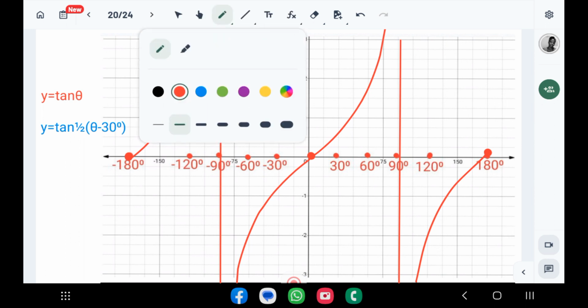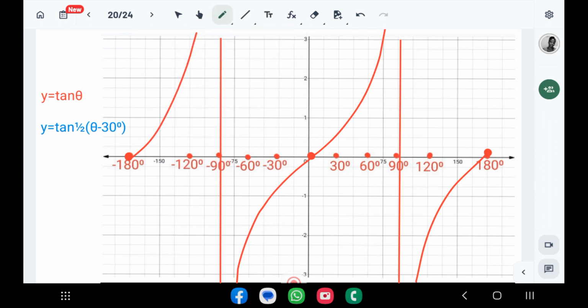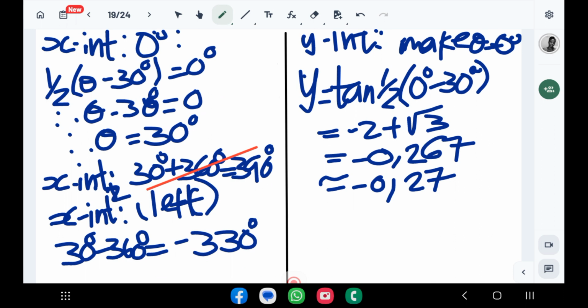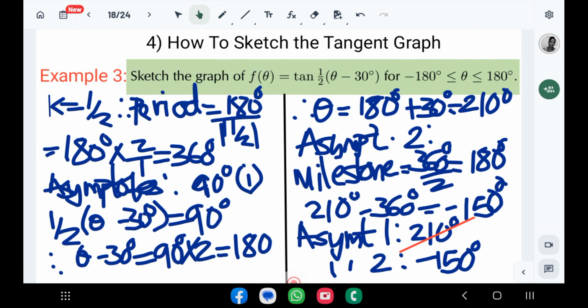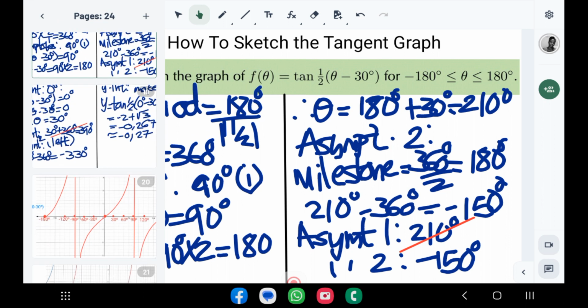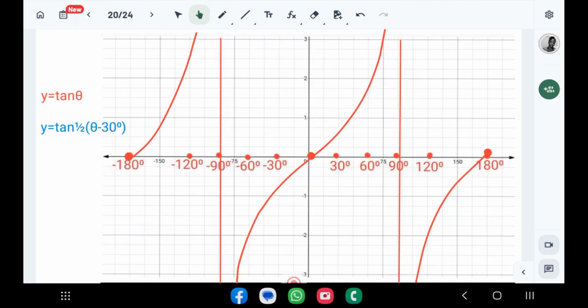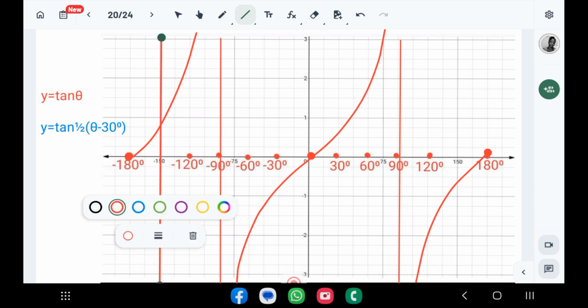Now let's draw the blue graph. Let's start with the asymptotes first. Asymptote number 1 is 210, which is outside of range. The next one is negative 150. Here is the first asymptote. Let's make that blue. The other one is outside of range, so we don't have that one.